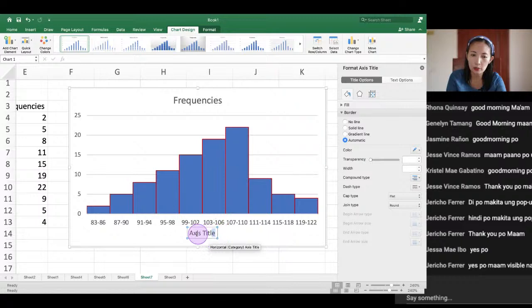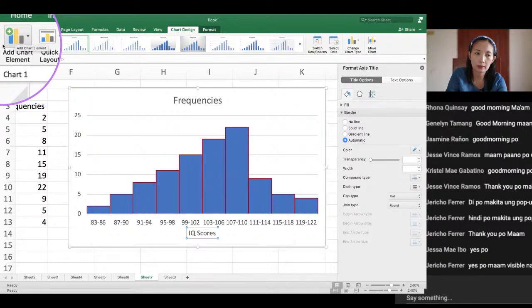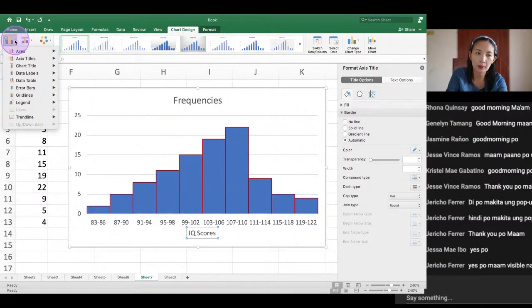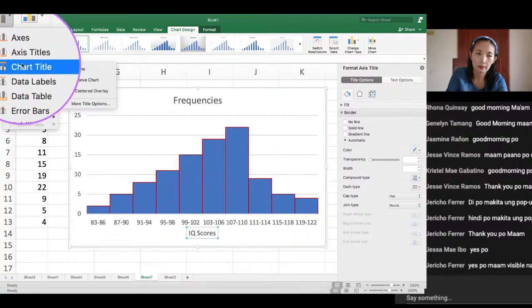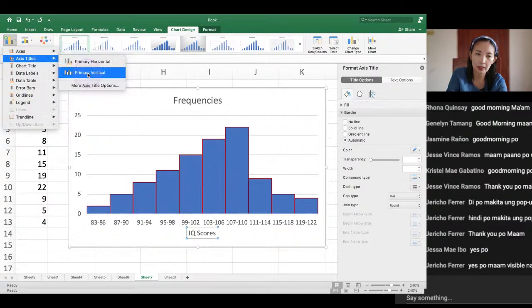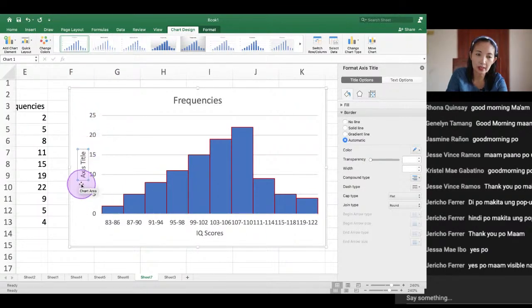These are IQ scores. And again, go back to that option. Add chart element, click on the drop down arrow, axis titles, this time primary vertical. There it is. And you can simply edit this. These are the frequencies.